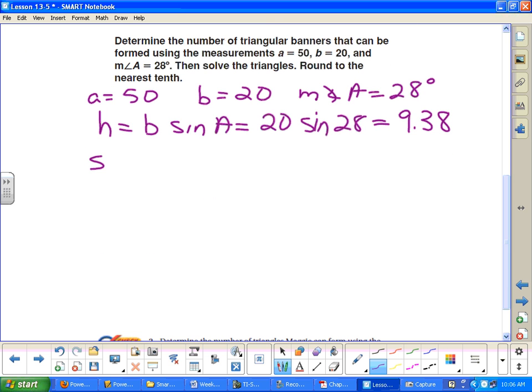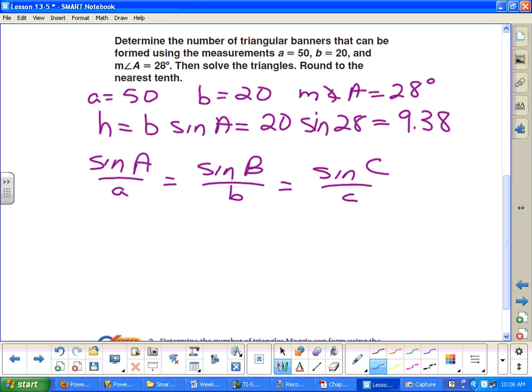So the sine of angle A over side A, sine of angle B over side B, sine of angle C over side C. Once again, the first thing I'm going to do is start out using the letters that they give me to write out the law of sines, and then plug in what we know.